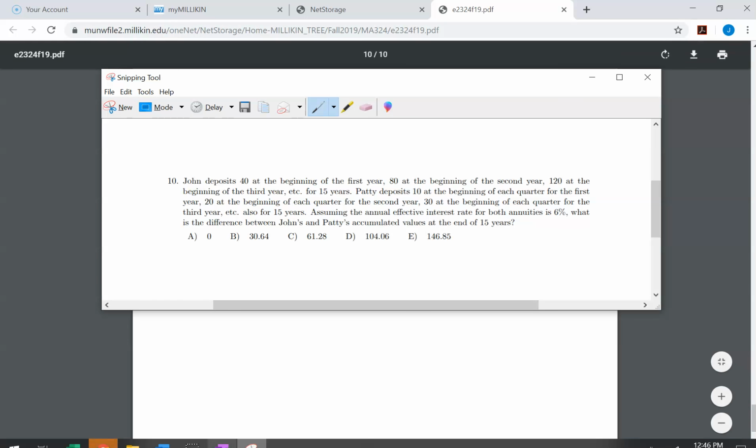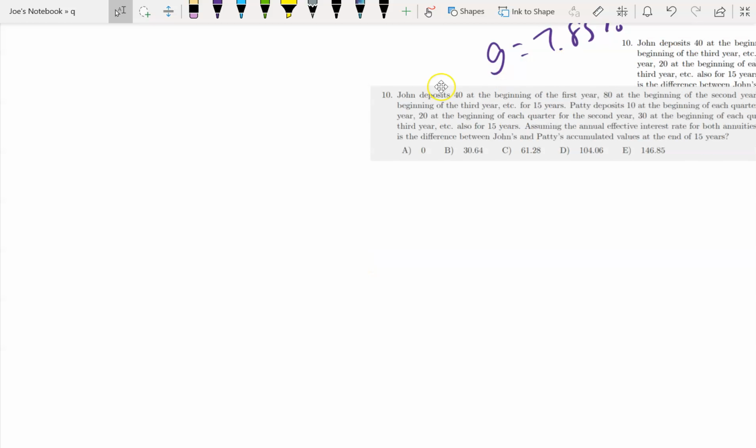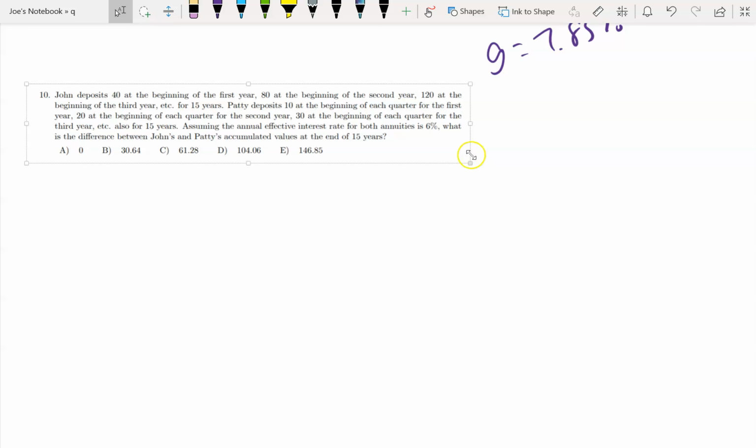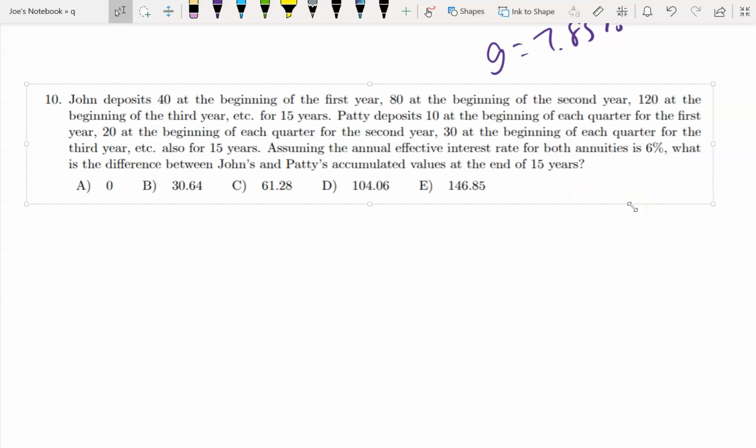All right, and now the last one. So John's depositing $40 at the beginning of each year. $40 at the beginning of the first year, and then increasing that each time.